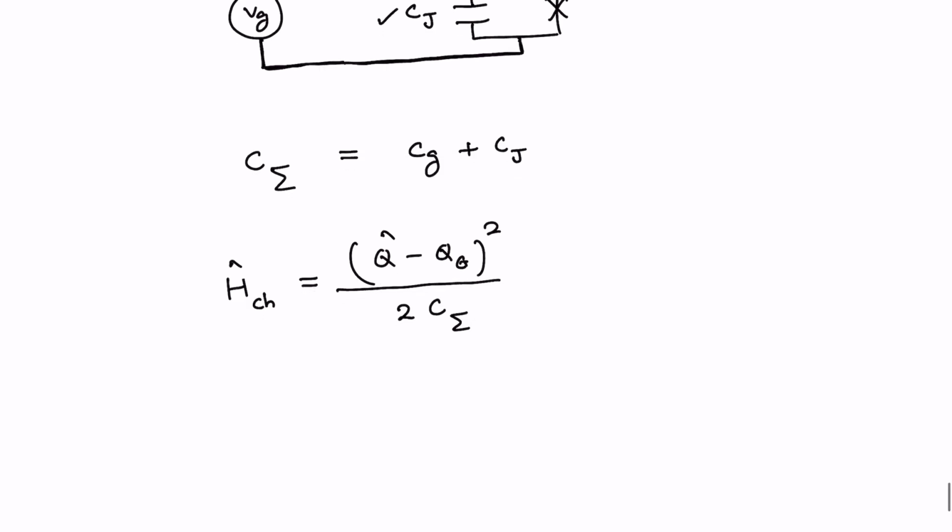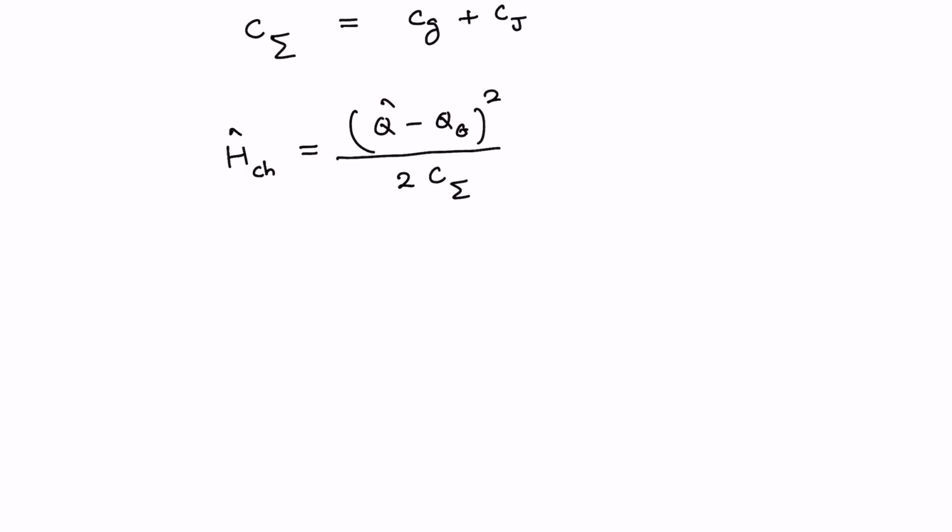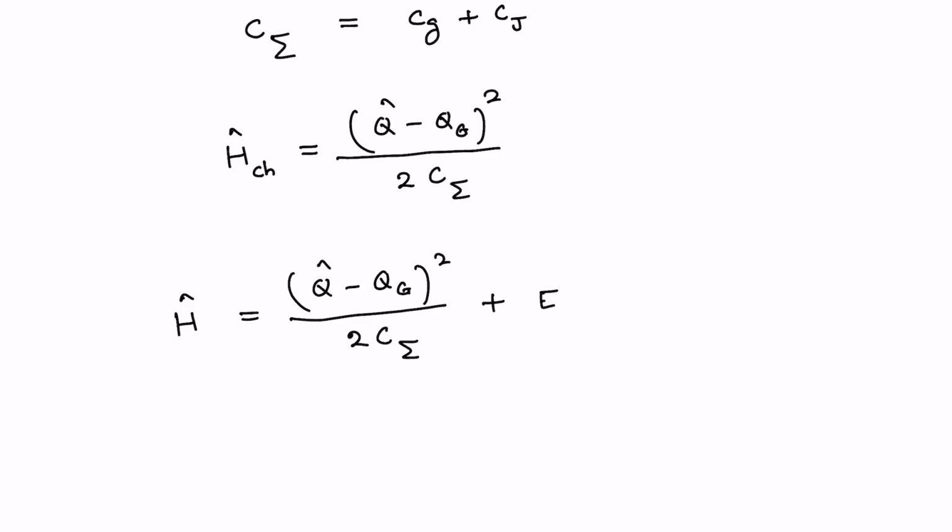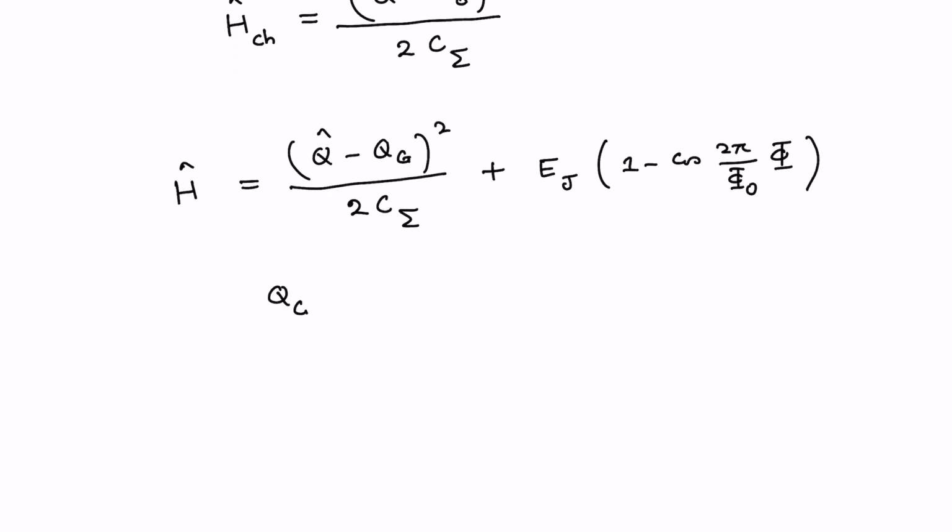Now, incorporating the Josephson energy, we can write down the total Hamiltonian for the charge qubit as H equal to (Q minus Qg) whole square divided by twice C sum, plus the Josephson energy, Ej times (1 minus cosine of 2 pi by the flux quantum times the magnetic flux). Now here Qg is the gate charge, and that is equal to Cg times Vg.